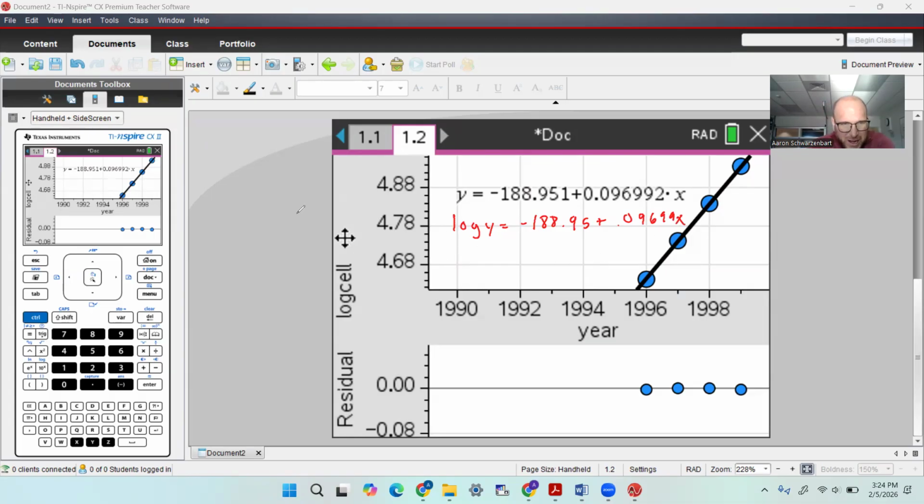So if I want y, the way to get y is to raise both sides to the power of 10. That's the entirety of this whole side, like there's parentheses around it. 10 to the log y is a nice little variable called y. When I add the exponents, it's like multiplying like bases.